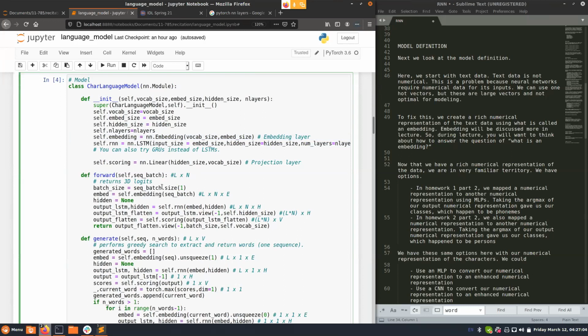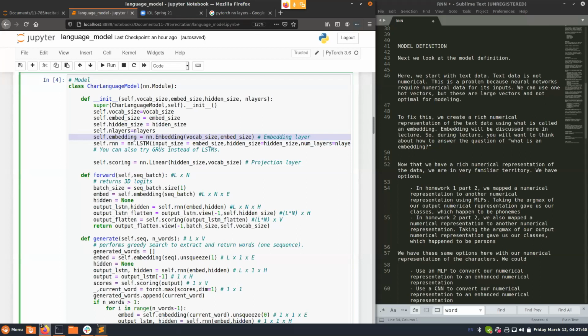So after we get the embedding, like I said, it creates that rich numerical representation. That might sound familiar because for homework 1, part 2, and for homework 2, part 2, we had those feature-rich starting numerical representations. For homework 1, part 2, we had a spectrogram, and for homework 2, part 2, we had the images.